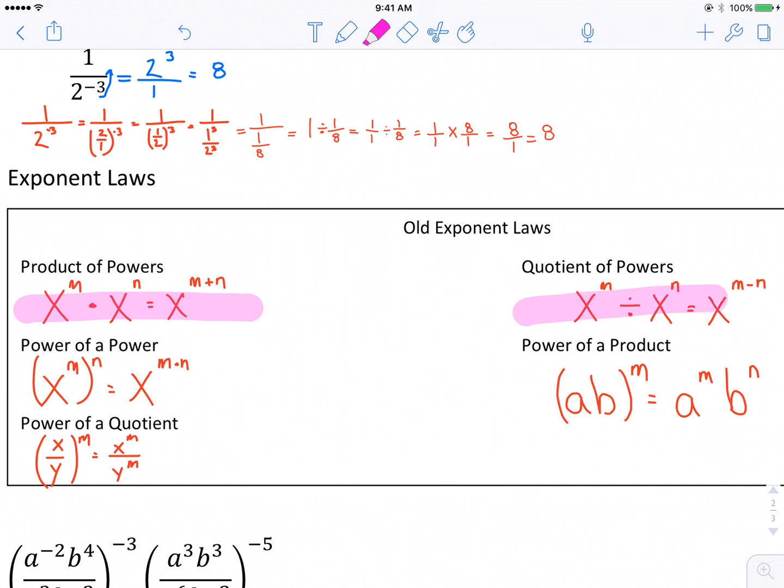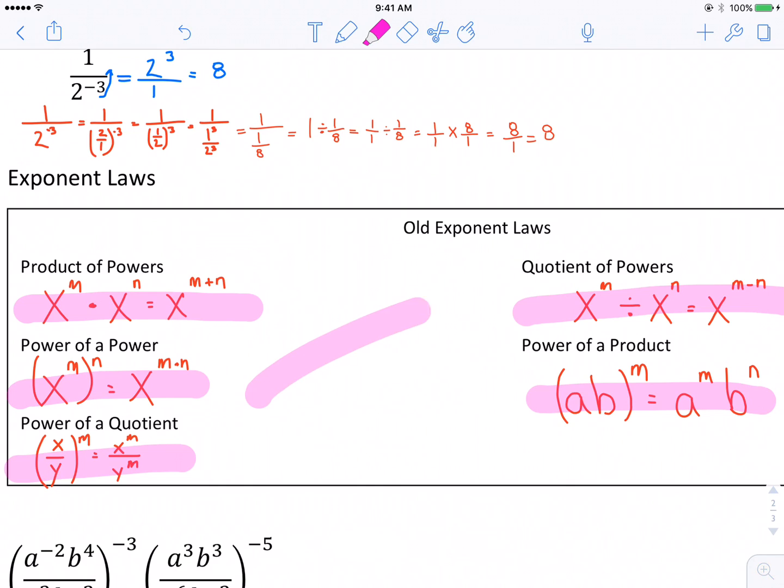Quotient of powers: if I'm dividing, I subtract the exponents. Power of a power: it's going to be multiplication. Power of a product and power of a quotient are just extensions of the power of a power rule, because really, you're just applying that power in.